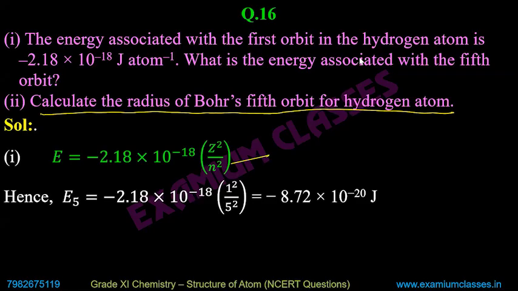Sir, we'll use the formula n square a naught by Z. Okay, fine. Hold on. Laksh Tomar, yes. Sir, we know the radius of the Bohr nth orbit, we can take it as 0.052. Then what is the unit? You need to tell me the unit. Sir, nanometer. Okay, fine. And after that, 0.052. What is the formula?